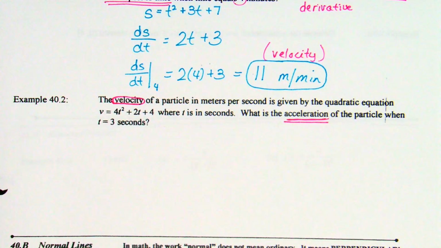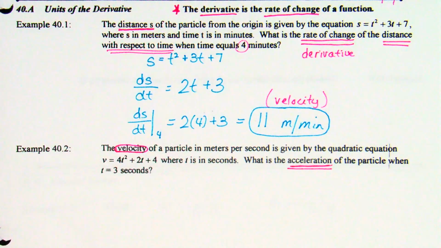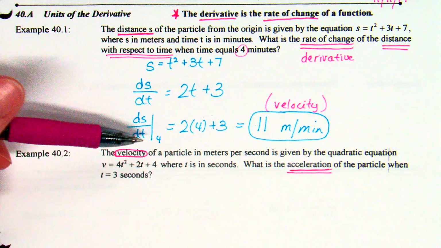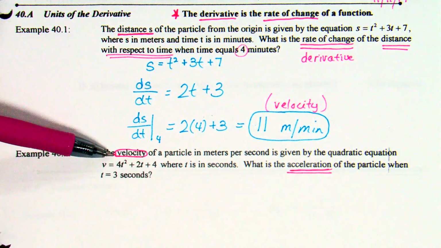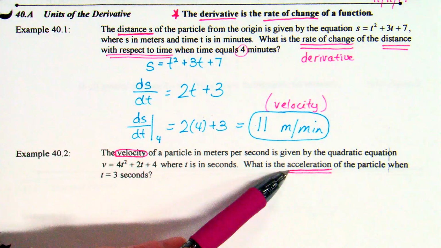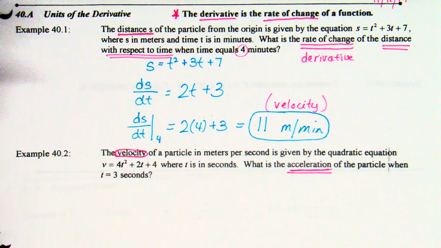On the last one, they gave me distance. I took the derivative, I got velocity. This time they're giving me velocity. What are we going to have to do with this velocity equation to get acceleration? Take the derivative.